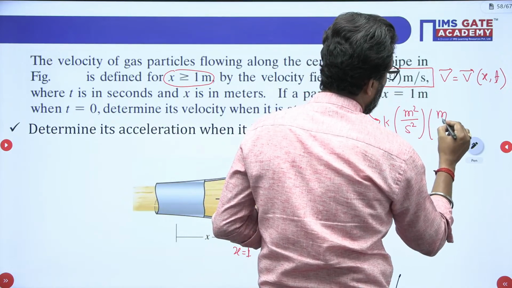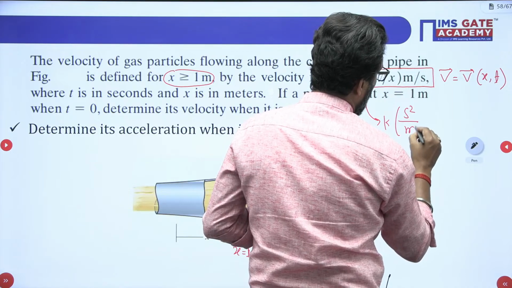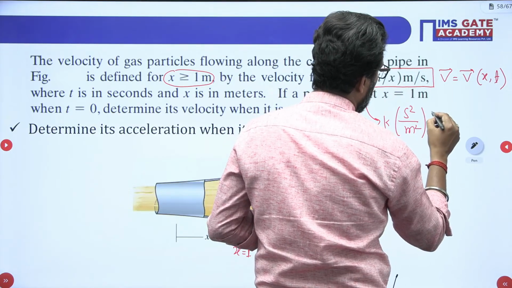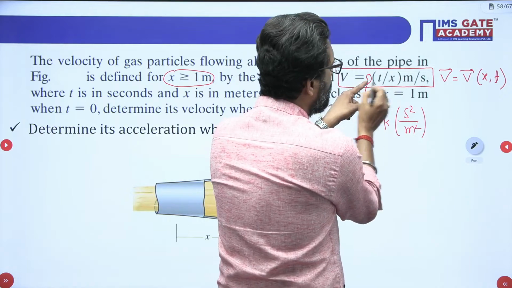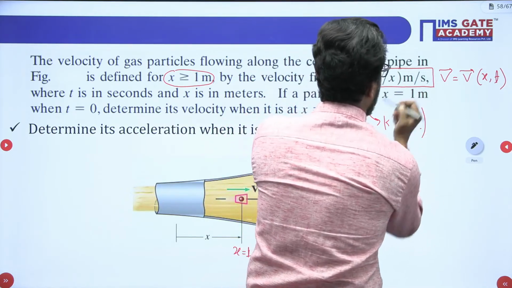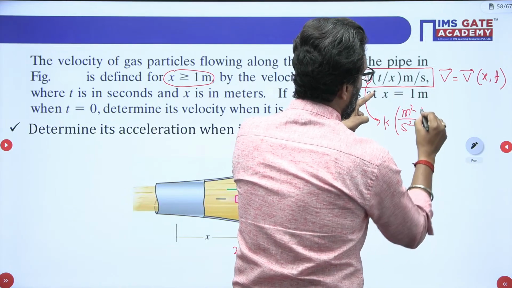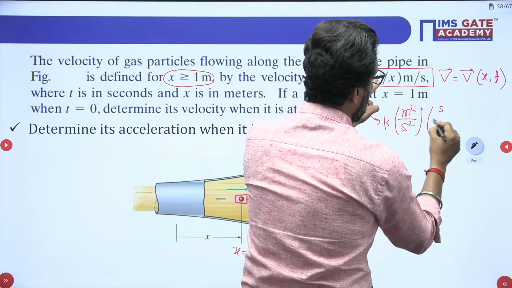Meter per second squared per meter squared. So what is the unit of this one? Meter squared per second squared. Let's suppose k has unit meter squared per second squared, and what is the t unit? Second by meter.